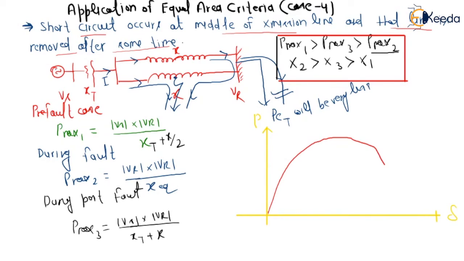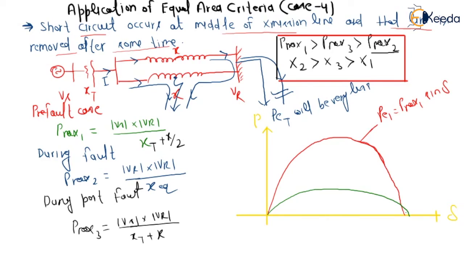P is equal to P max sine delta. So P1 is equal to P max 1 sine delta, and P max 2 will be lesser, so we can draw the diagram like this. P max 3 will be in between.